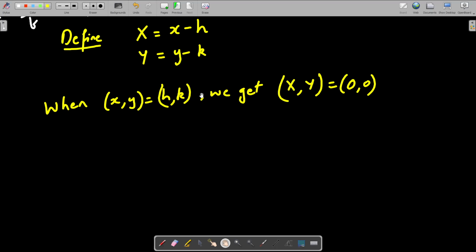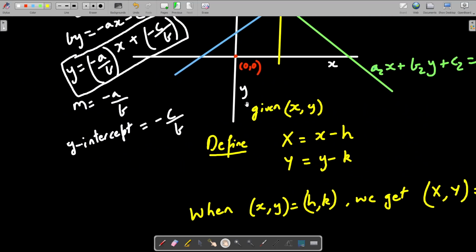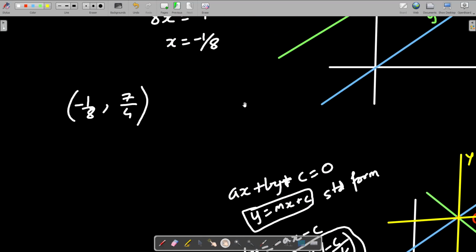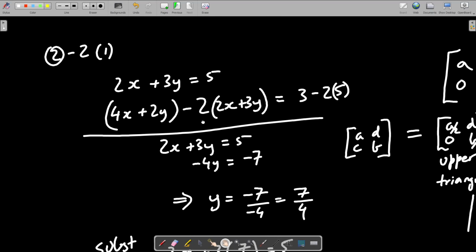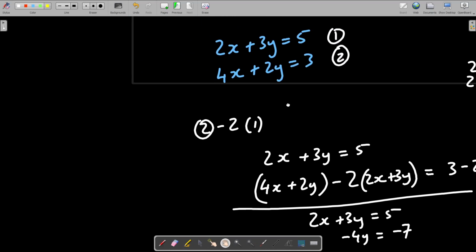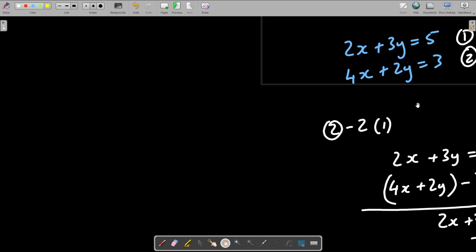Now let us go back to the lines which were given to us, with randomly selected numbers: 2x plus 3y is equal to 5 and 4x plus 2y is equal to 3.